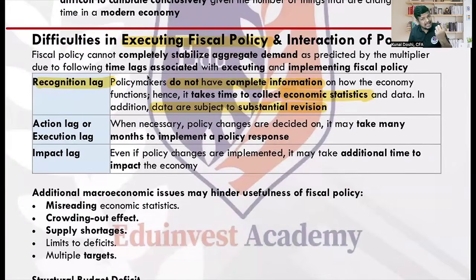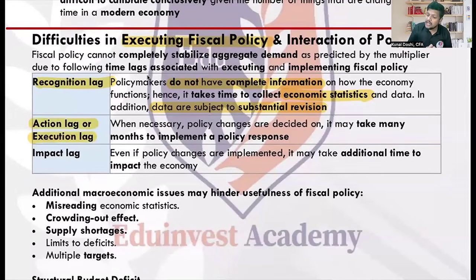To collect the information faster, you can improve the tools, but because most economies collect this data at a massive scale in the form of a survey or a sample, the statistical data comes late, and most of the important indicators are lagging indicators. So we get to know about the health of the economy relatively late. That is called a recognition lag.